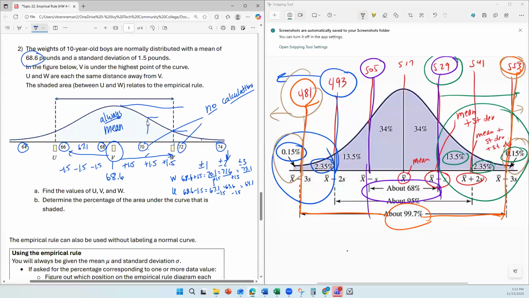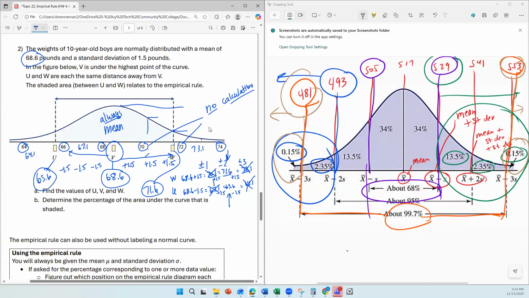So if it can't be 67.1, it also can't be 70.1. 65.6 fits for U. And so those go. 64.1 would be over here. 73.1 would be over here. So it can't be this, therefore it can't be 64.1. So it has to be 71.6 for W and 65.6 for U.